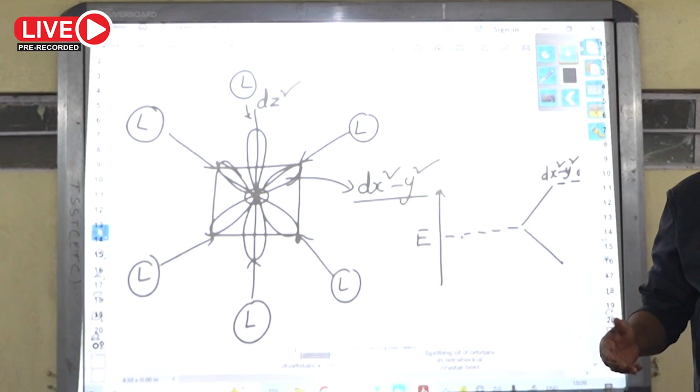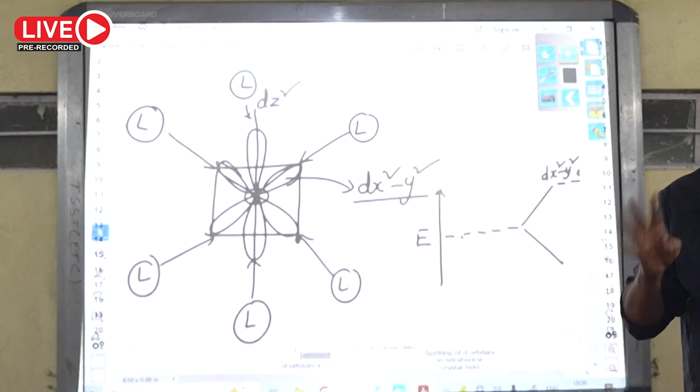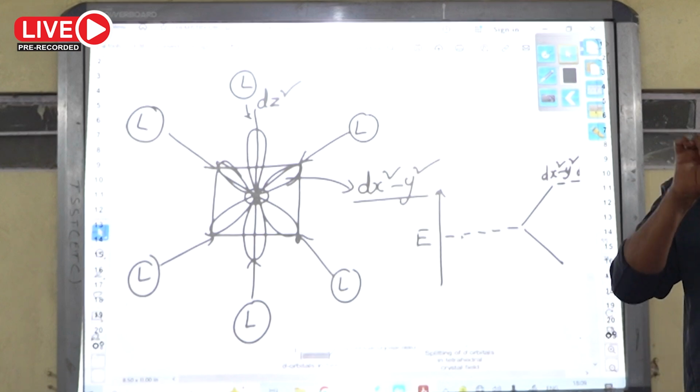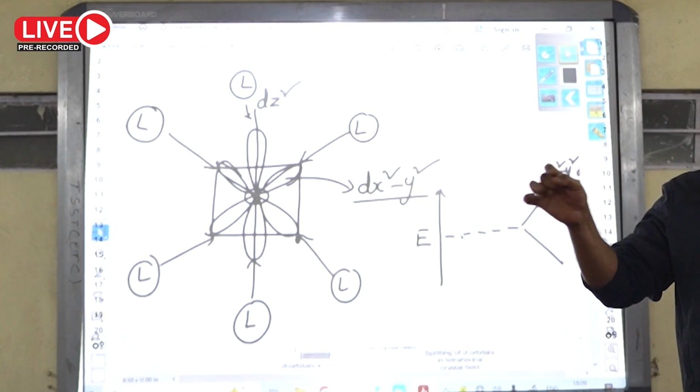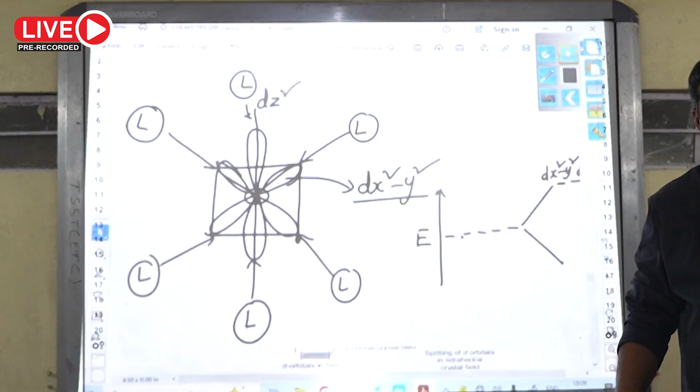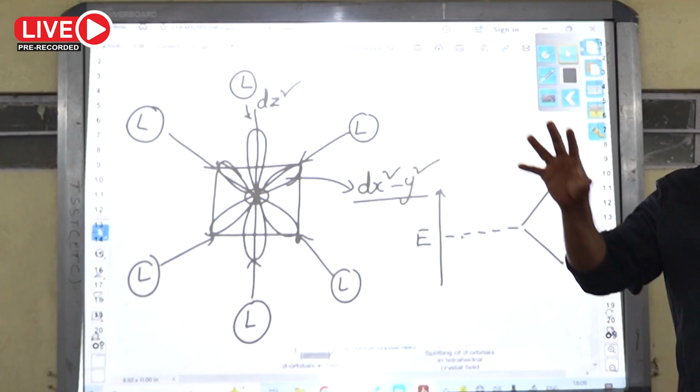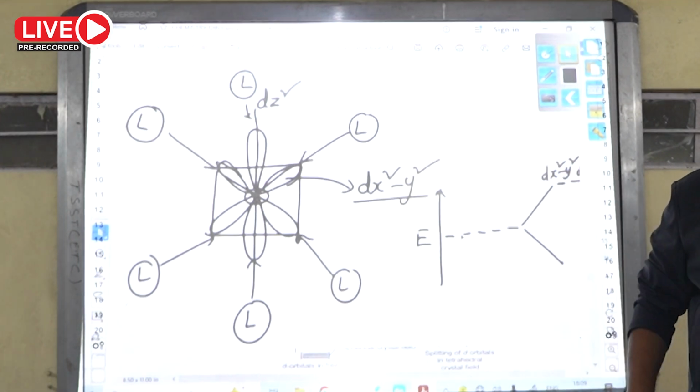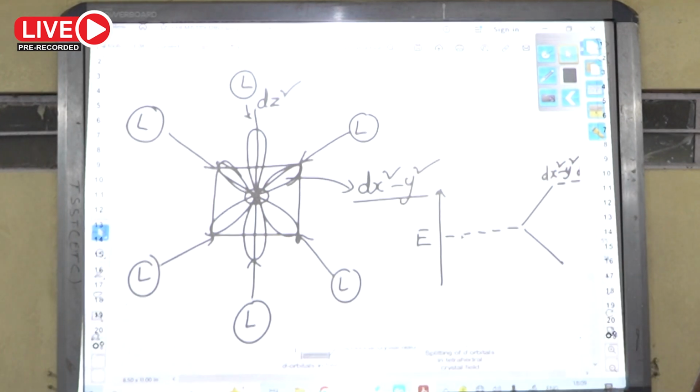But in tetrahedral field, only 4 ligands cause the splitting. So when 6 cause 1 unit splitting, 4 cause how many units? 2 by 3. That is one value, keep aside. It is in terms of number.